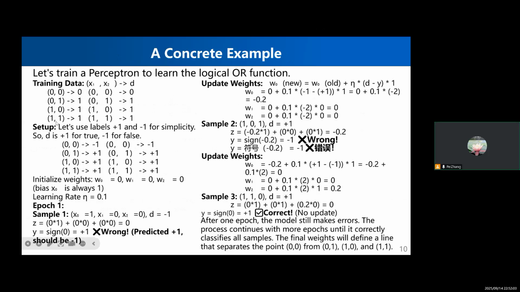And 4: when x1 is 1, x2 is equal to 1, the right answer is 1.